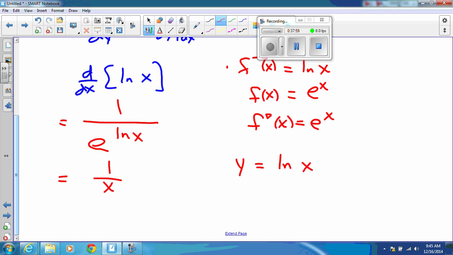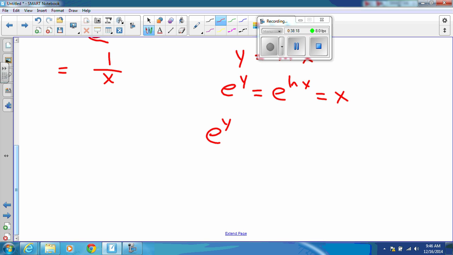Let's do it the way I originally wanted to, with implicit differentiation. Pretend we don't know what the derivative of ln x is. We're going to undo it with an inverse.